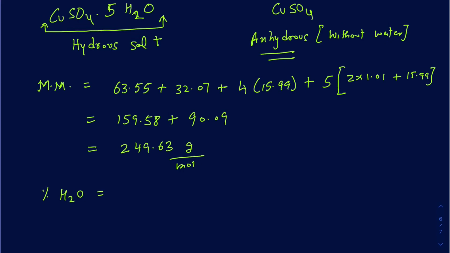So it's going to be 5 times 18.01, which gives you about 90.09-ish. So it's going to be 90.09 divided by the molar mass, which is 249.63 times 100. So that's going to be the mass percent for the water here.